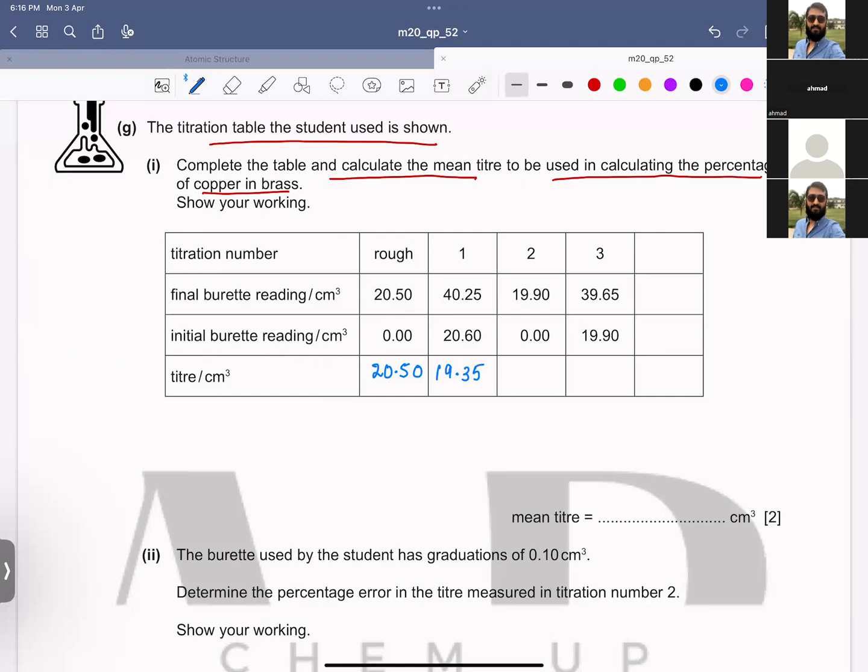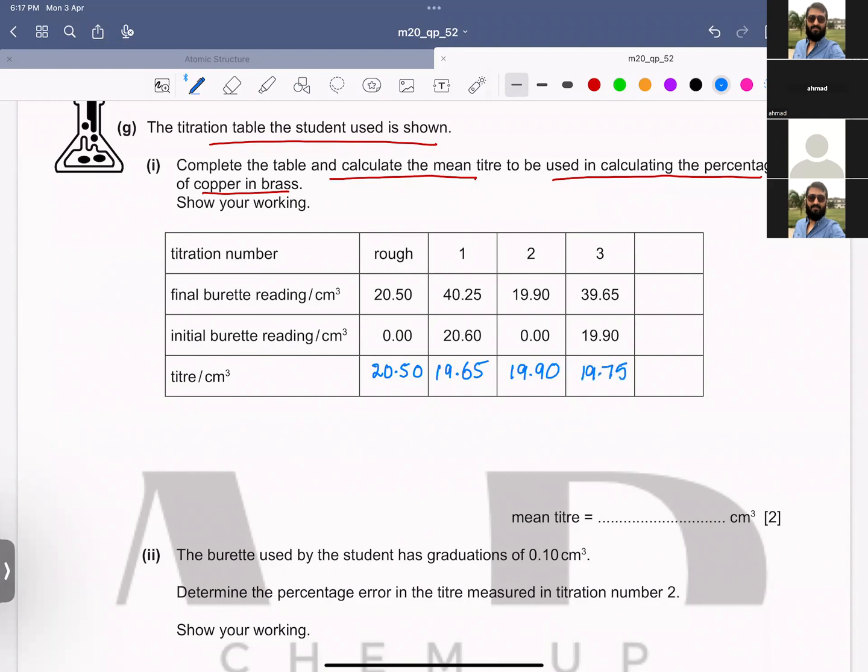Can anybody check and tell me? 19.65. Which one is 19.65? This one, first number one? Yeah. 19.65. Okay. 19.90. And the third one? Yes. 19.75.